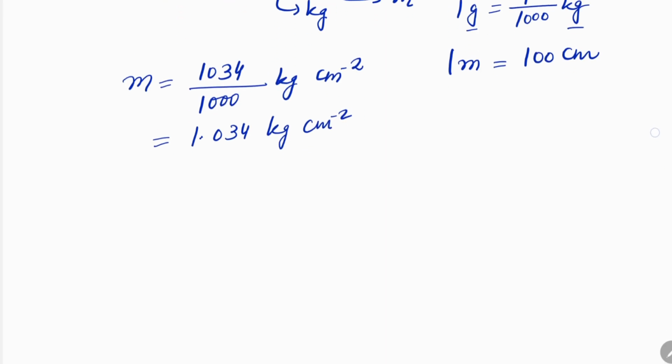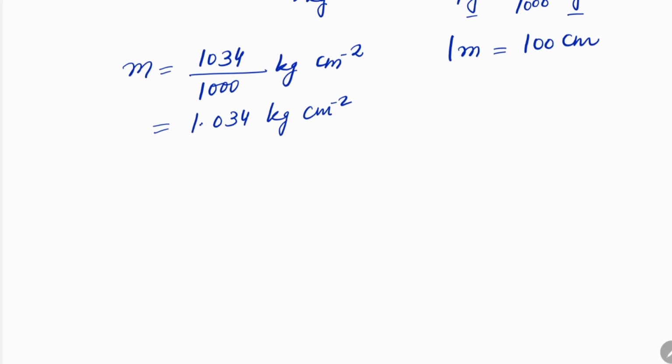centimeter square inverse, right? Now our work is to convert centimeter into meters. This centimeter square inverse is actually 1.034 kilogram divided by centimeter square. We have to convert centimeter square into meter square.